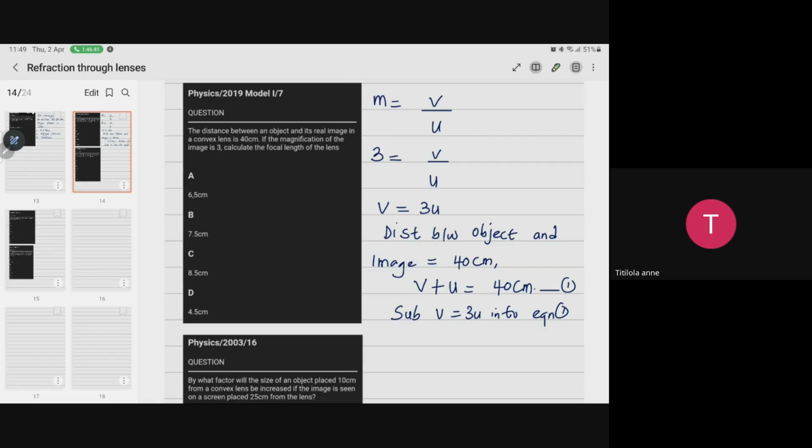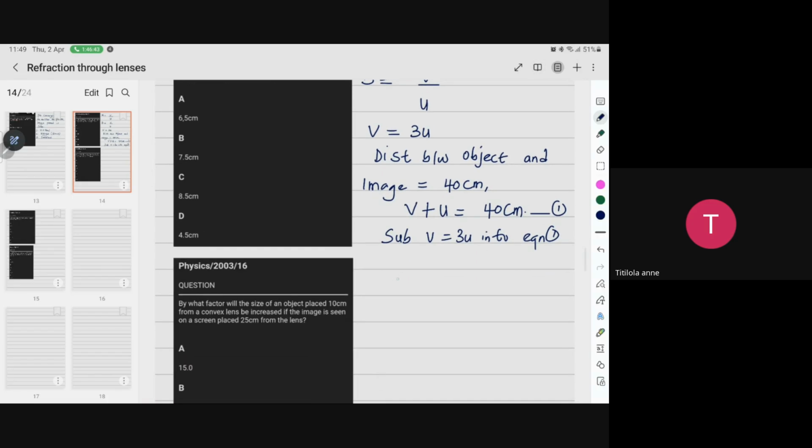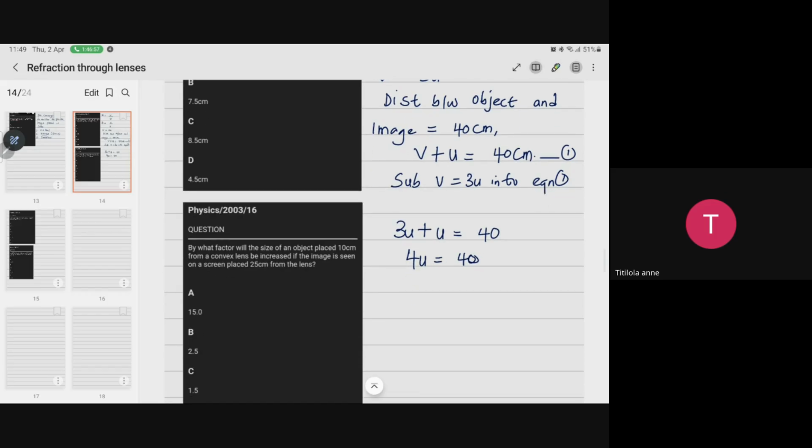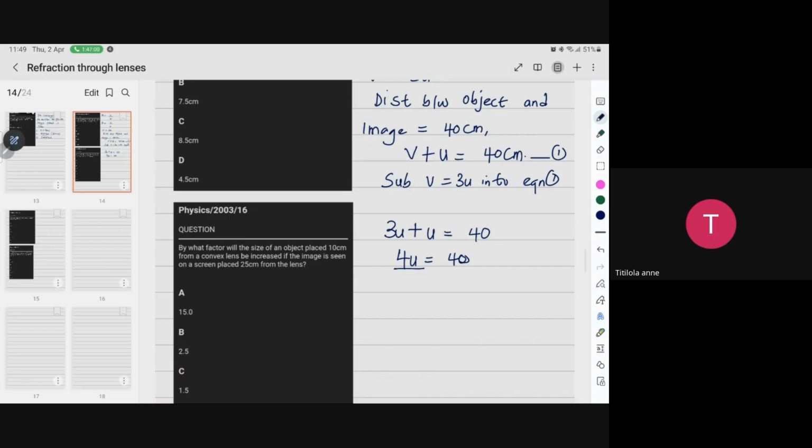So you have 3U plus U is equal to 40, then 4U is equal to 40. Then U will be equal to 40 over 4, and that will give us 10.